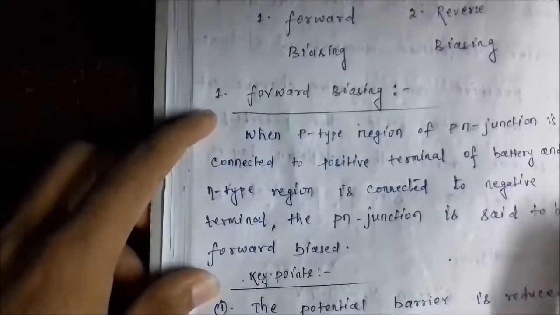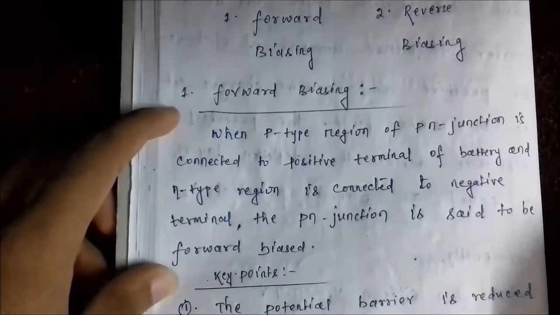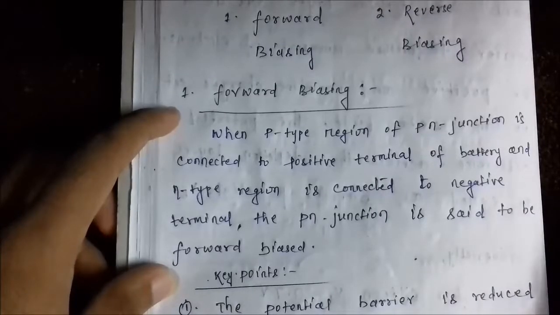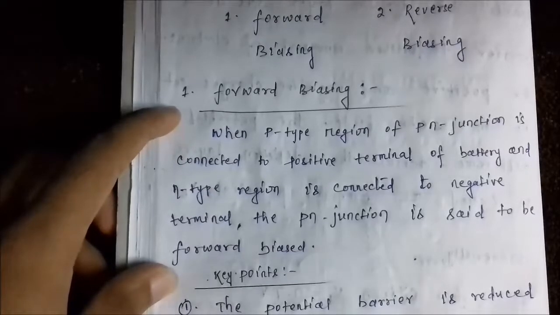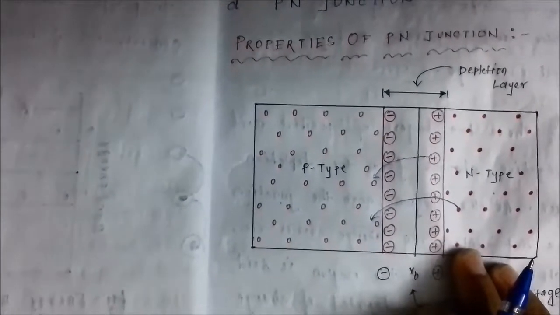when DC voltage or supply is provided to the PN junction in such a way that the potential barrier is reduced. Let me show you this potential barrier which we discussed in our earlier video.